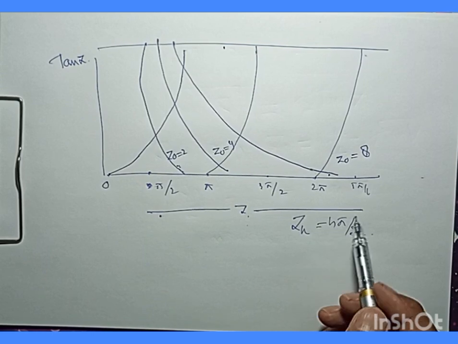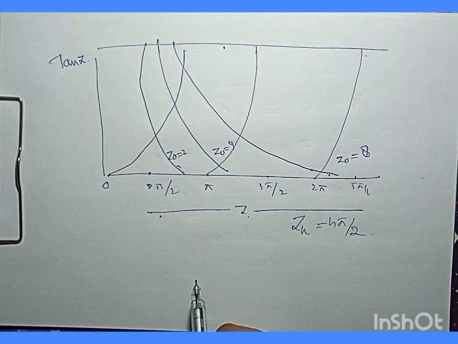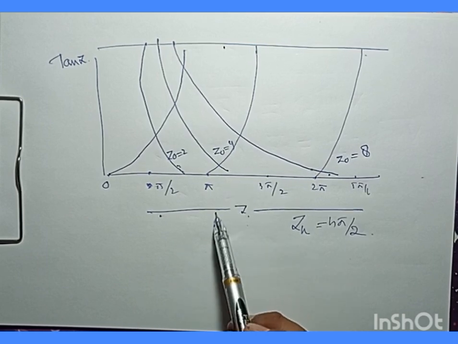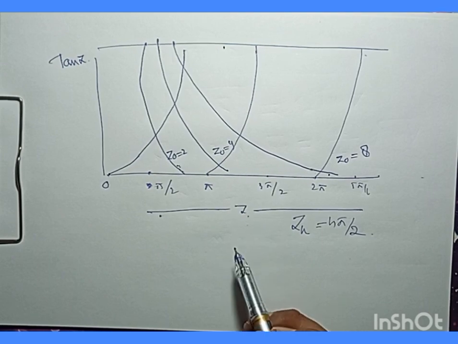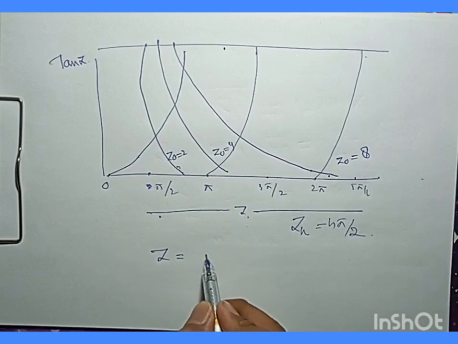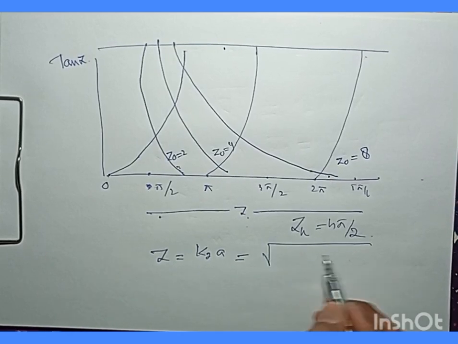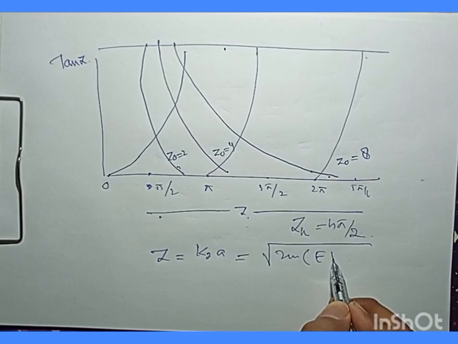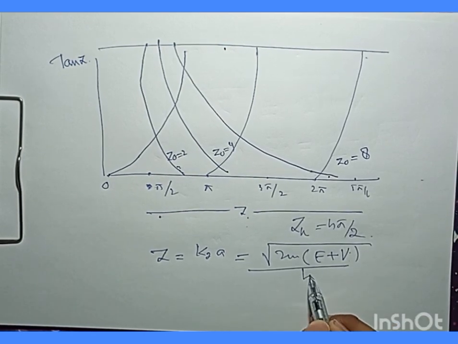Now, what do we expect here? We can translate it down in a very simplistic approach. We have gone through the even solution approach. And what is z basically? z is nothing but k times a, and this is what? This is the square root of 2m times (E plus V naught) by h cross.